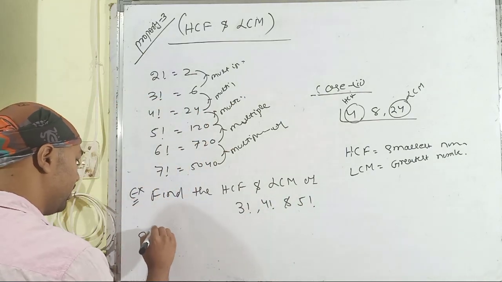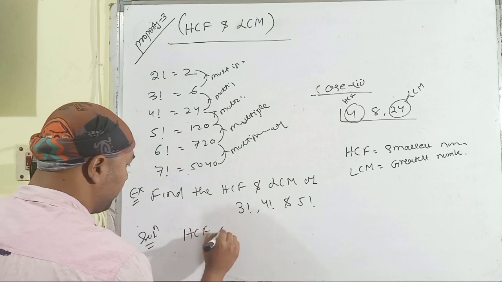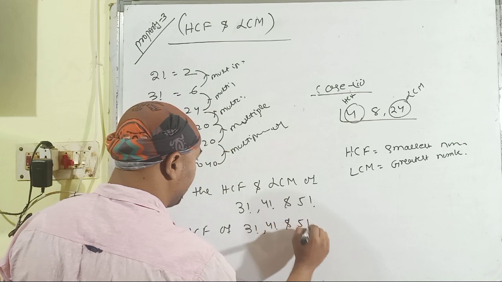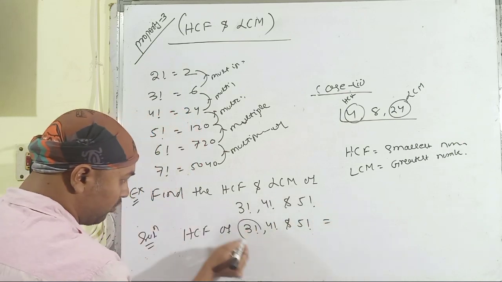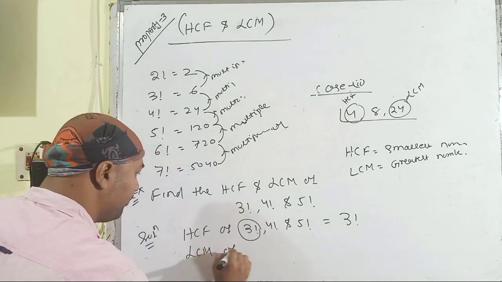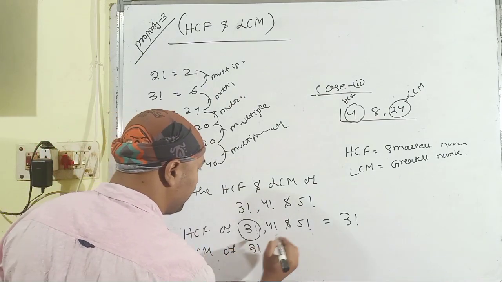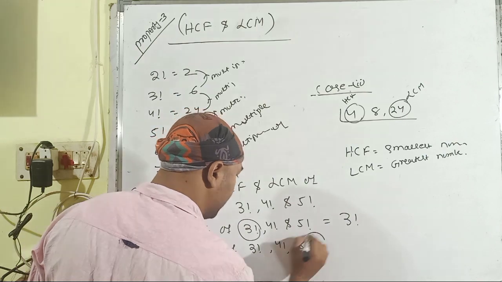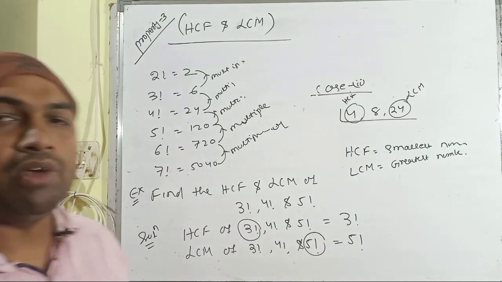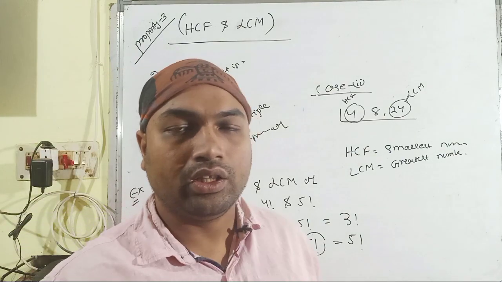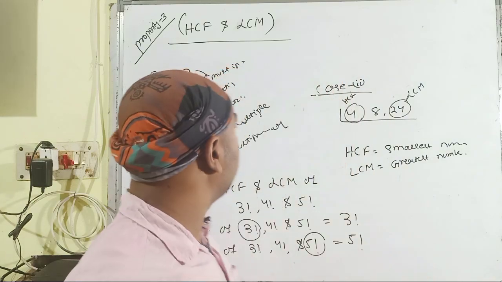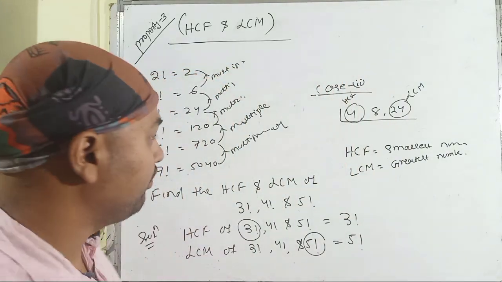Then the solution will be: HCF of 3 factorial, 4 factorial and 5 factorial is the smallest one, and that is 3 factorial. LCM of 3 factorial, 4 factorial and 5 factorial is the greatest number, and that is 5 factorial. So it is very easy to calculate the HCF and LCM in the factorial topic. Then let us discuss some more properties based upon the factorial topic.